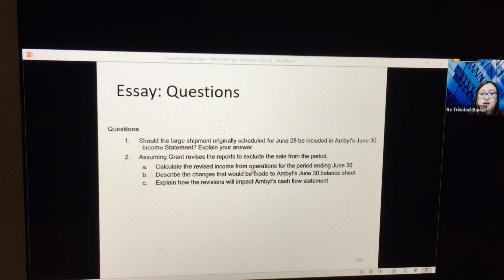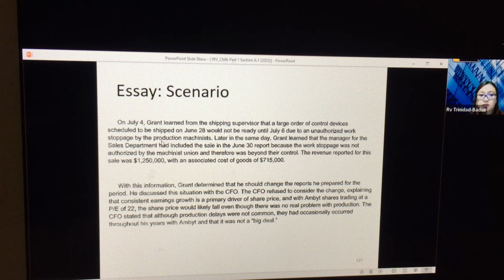Calculate the revised income from operations for the period ending June 30. The revenue reported for this sale was 1,250,000.